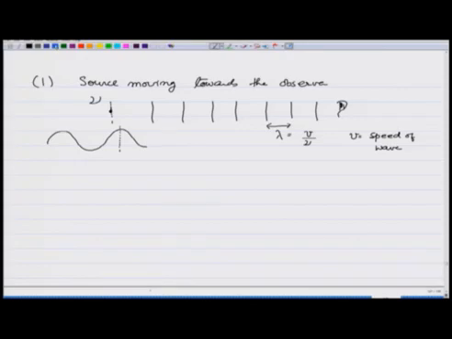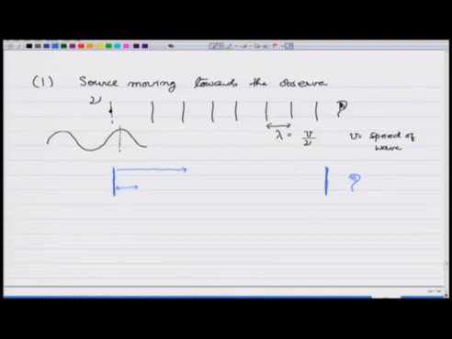Now, let us see what happens if the source is moving. So, here is the observer, here is the source, and it gave out a particular maximum. This maximum starts traveling, and after a time period t, it again gives out a maximum. So, this maximum is traveling towards the observer.